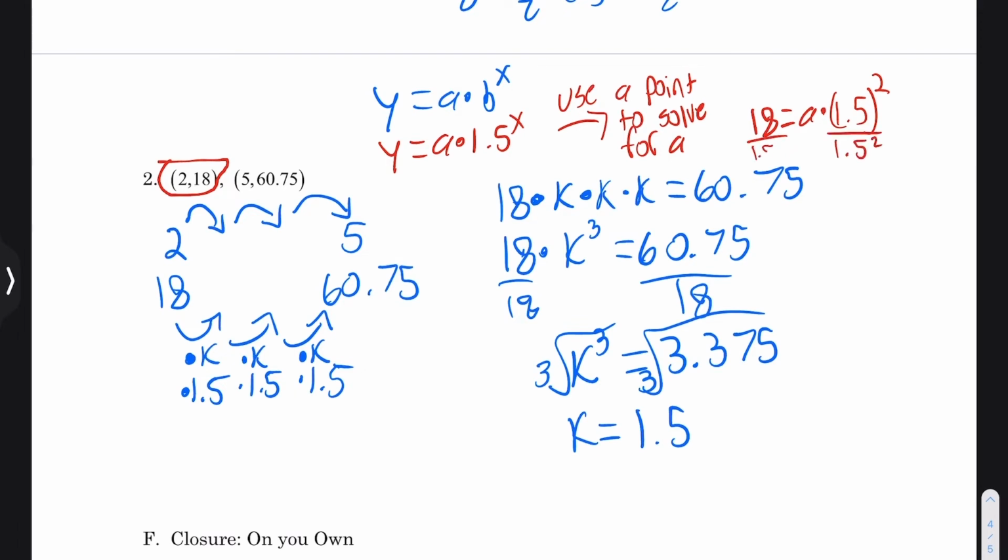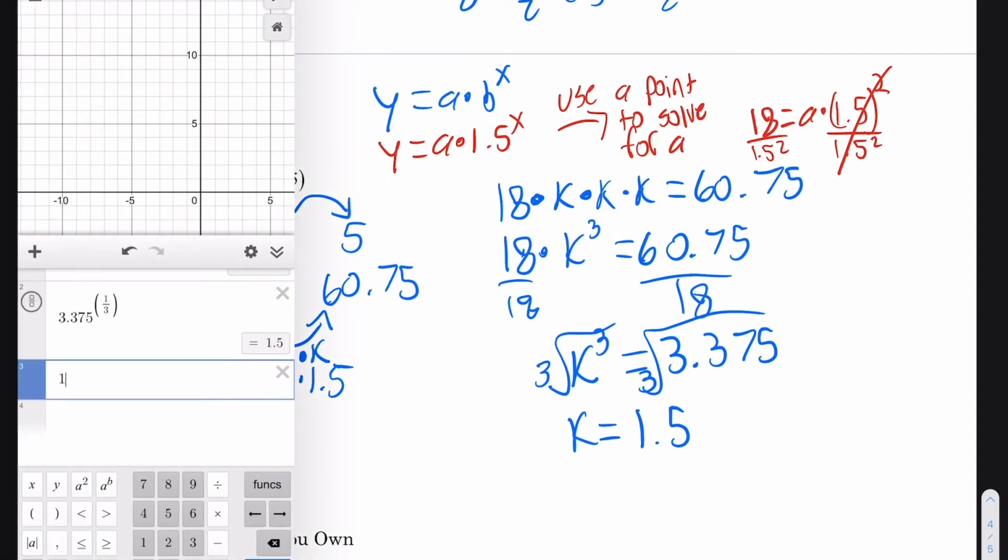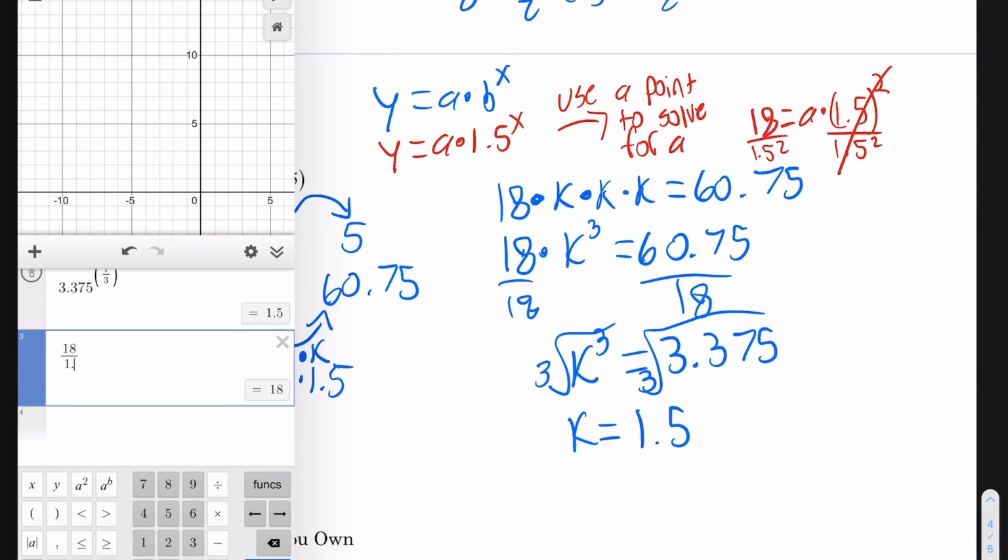It'll cancel on the right side and give us a. So I'll just type 18 divided by 1.5 squared, and we get our a. A equals 8.